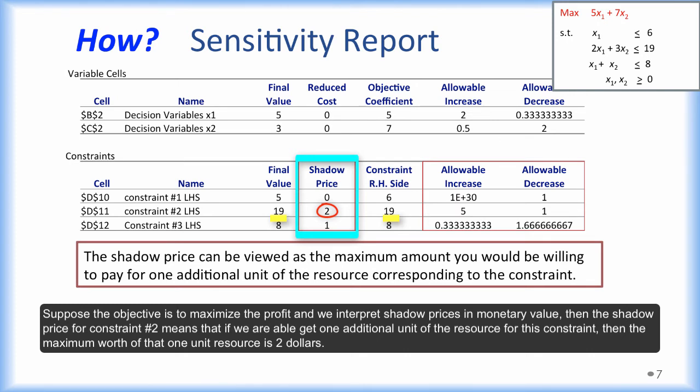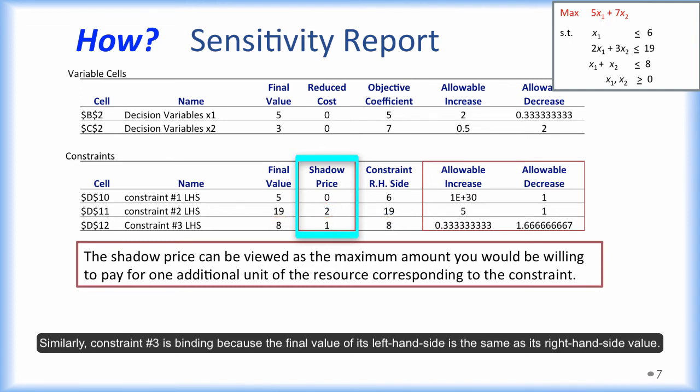Suppose the objective is to maximize the profit, and we interpret shadow price in monetary value. Then the shadow price for constraint number 2 means that if we are able to get 1 additional unit of the resource for this constraint, then the maximum worth of that 1 unit of resource is $2. Similarly, constraint number 3 is binding because the final value of its left-hand side is the same as its right-hand side.